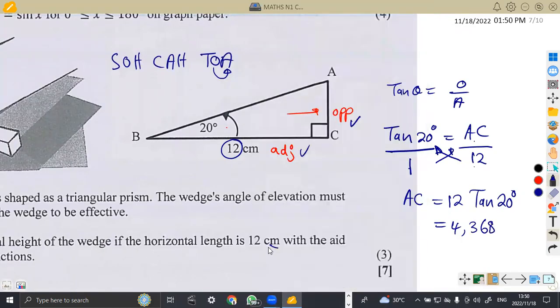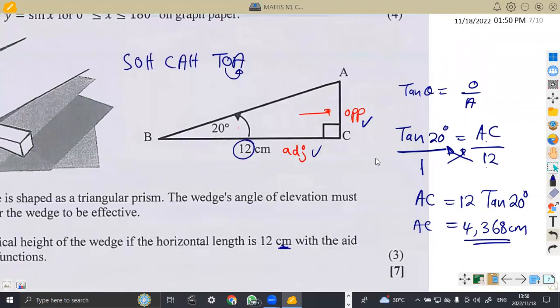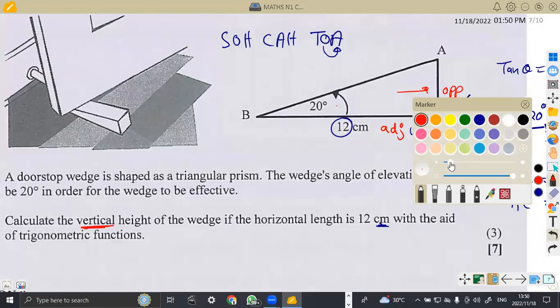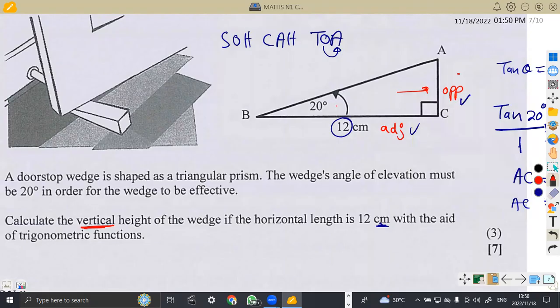The dimensions are in centimeters, so our AC is going to be in centimeters, just as usual. Take note, guys, we are being asked to calculate the vertical height. That is why I am calculating AC. That is the vertical height that we are given. So take note of what you are being asked to calculate. I think that can actually help us.